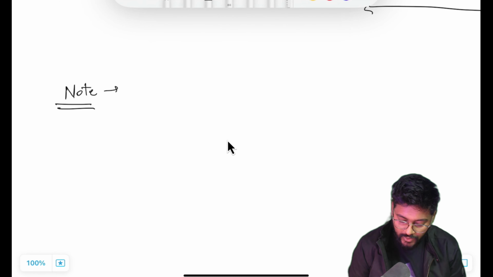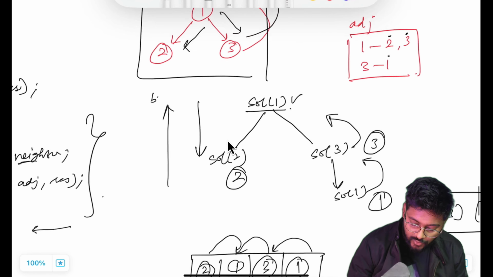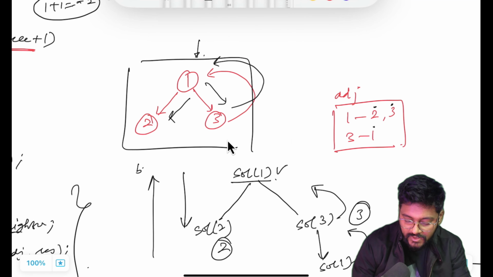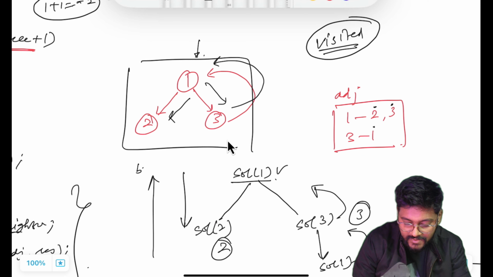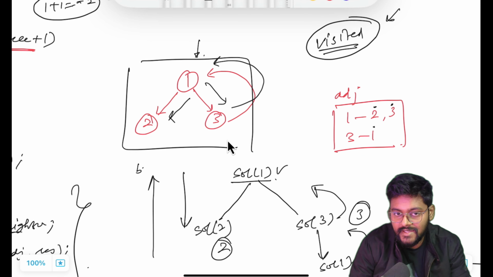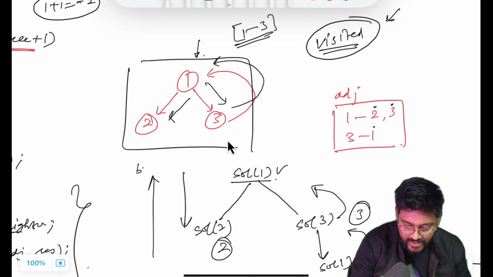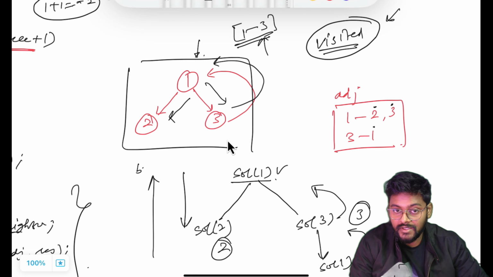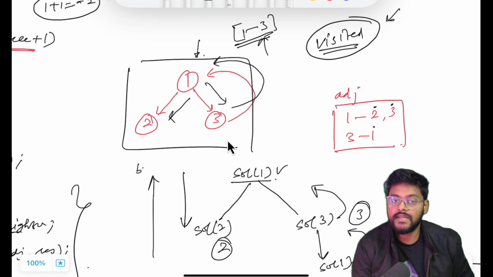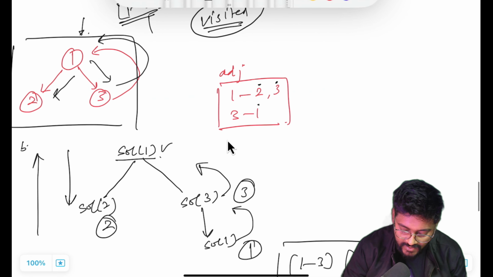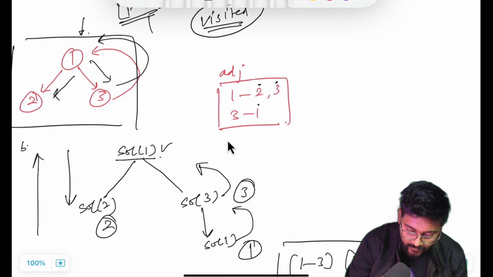One more note: when you are traversing over these edges, you are not marking vertices as visited. You are marking edges as visited. Let's say the first edge in this case is 1, 3. You have to mark that edge as visited. When you are coming from 1 to 2, you are removing 2 from this adjacency.